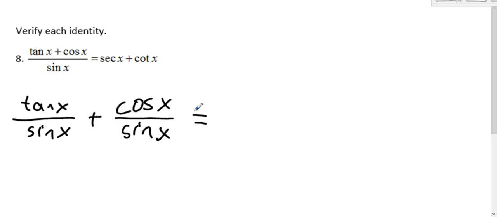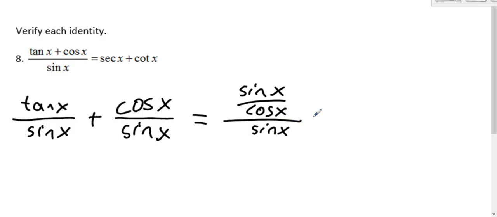Tangent is sine over cosine, all over sine. Cosine over sine, we can just change that to be cotangent. So we're already halfway where we need to be. We just need to show that this fraction reduces to secant.